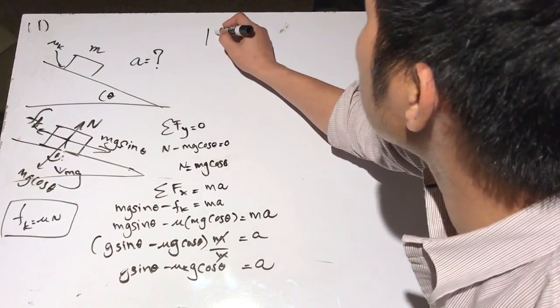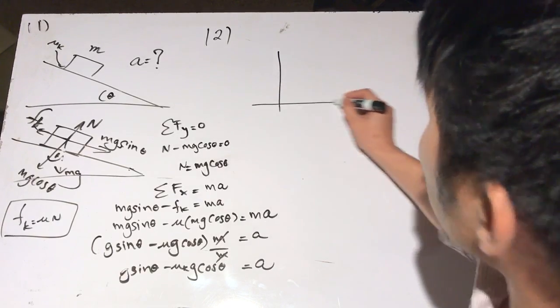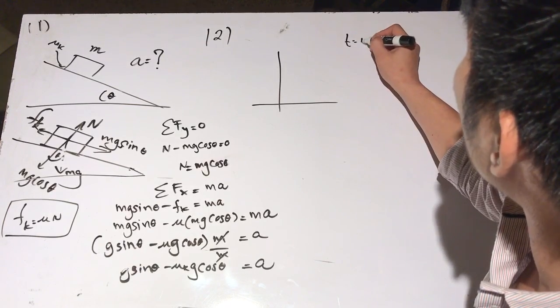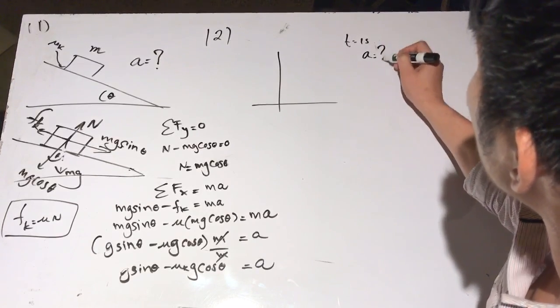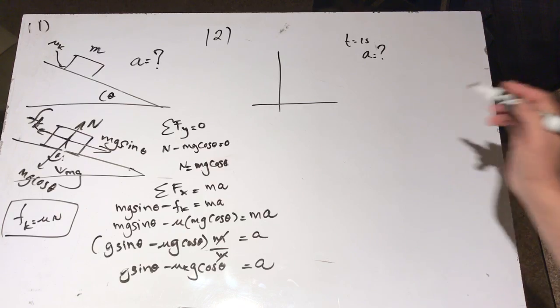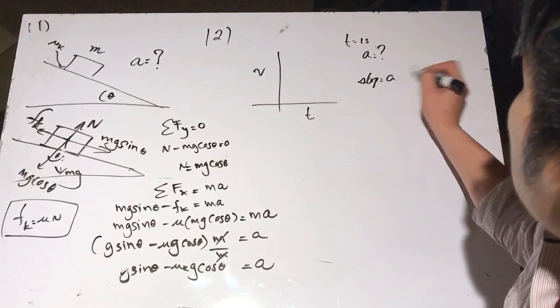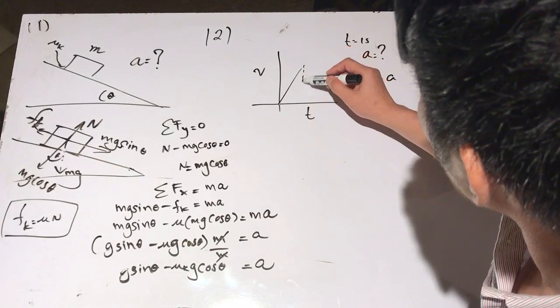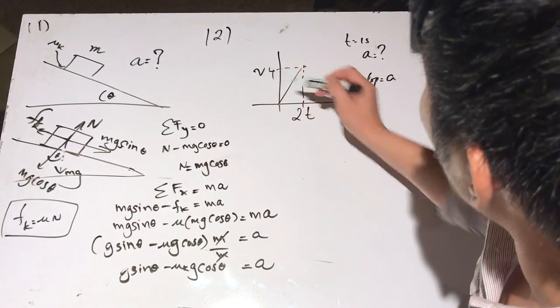Question 12 is pretty easy. Look at the graph. They ask you at time equal to 1 second, what is the acceleration? When you have a velocity versus time graph, the slope is the acceleration.